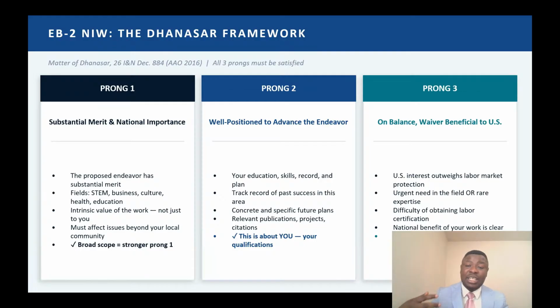And then in the third prong, you show that on balance, waiving the labor certification will be very, very beneficial to the United States. Okay, any questions so far? Any questions so far? Okay, all right, let's move forward.